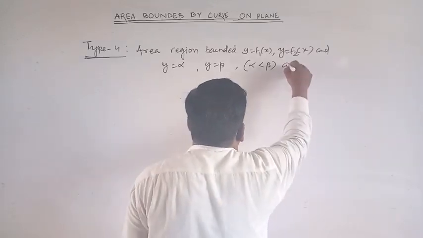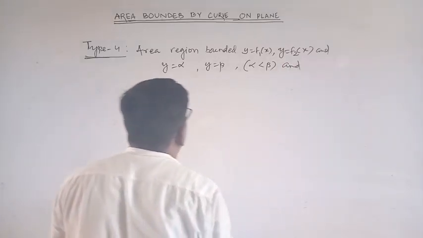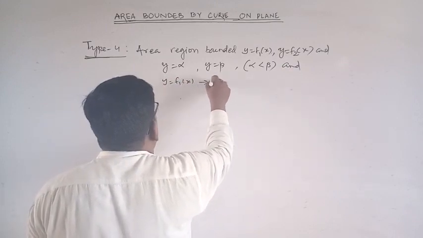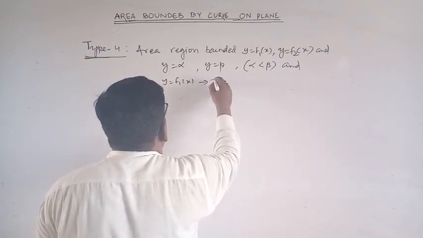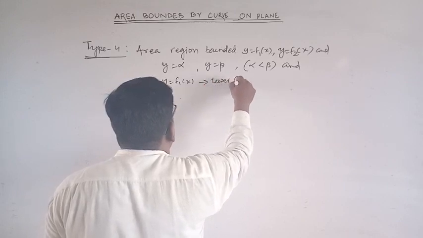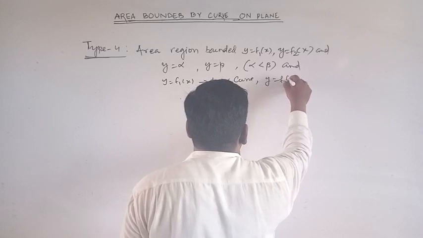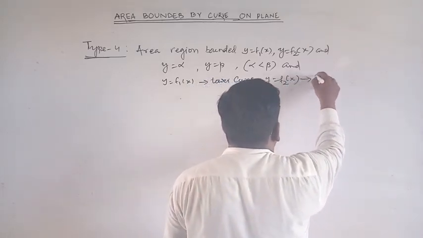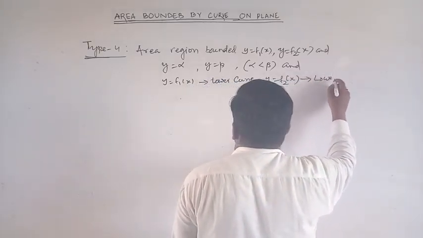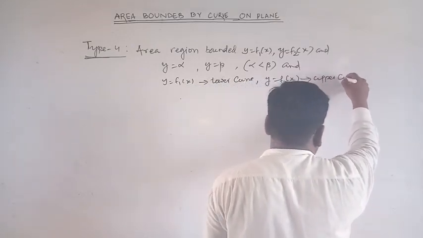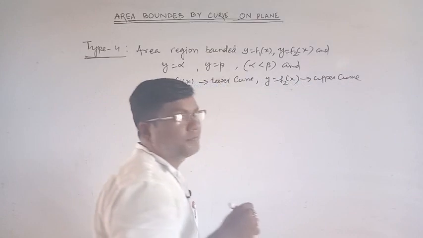And y is equal to f1(x) is the upper curve, y is equal to f2(x) is the lower curve, sorry, this is the upper curve.